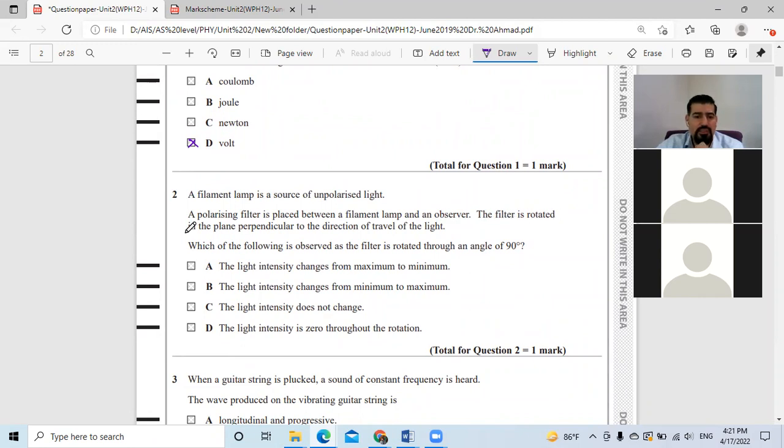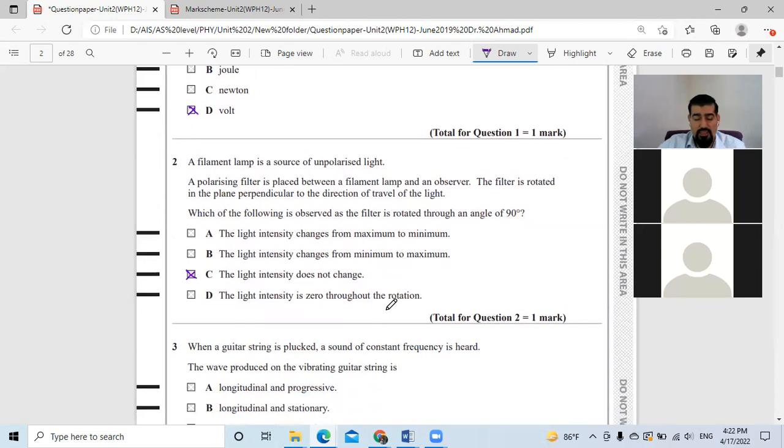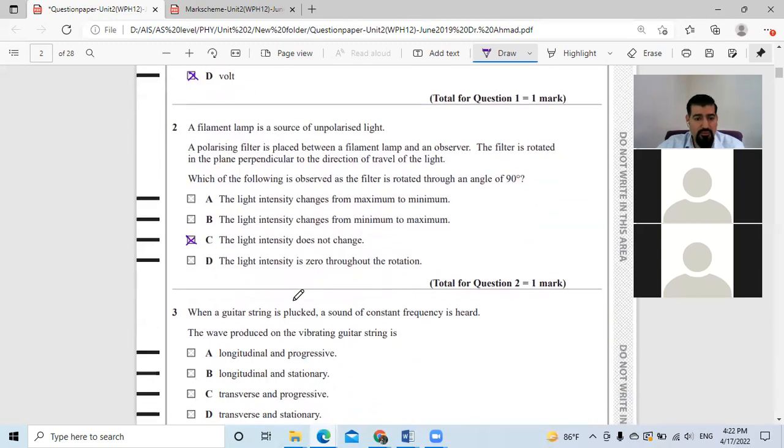The filter is rotated in the plane perpendicular to the direction of light travel. Which of the following is observed as the filter is rotated through an angle of 90 degrees? It's unpolarized light, and we have one polarizing filter. So as we rotate, the light intensity doesn't change, because we have unpolarized light and only one filter.